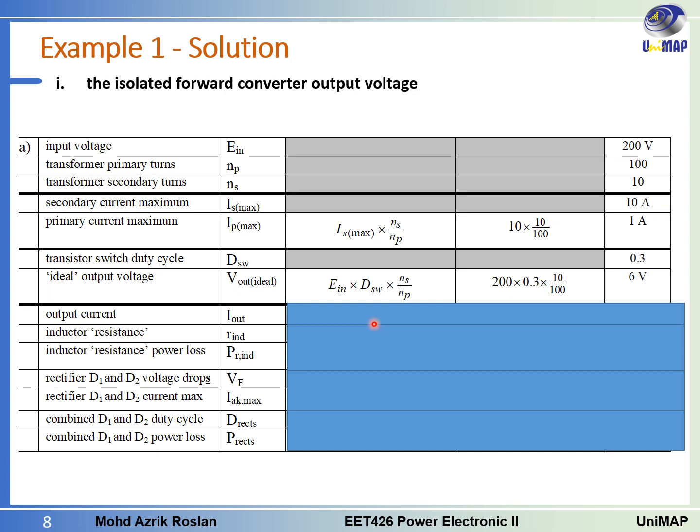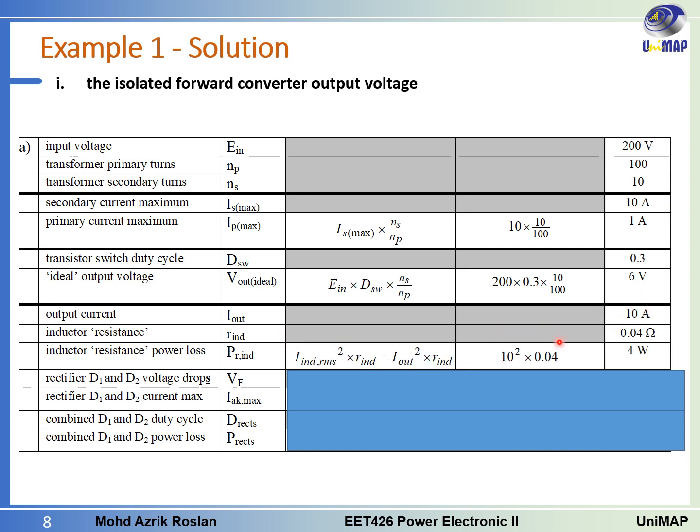And then the output current, like I mentioned before, is 10 ampere because it's already given. The R inductor is given as 0.04. Based on this, we can calculate the inductor resistance power loss, PR inductor.